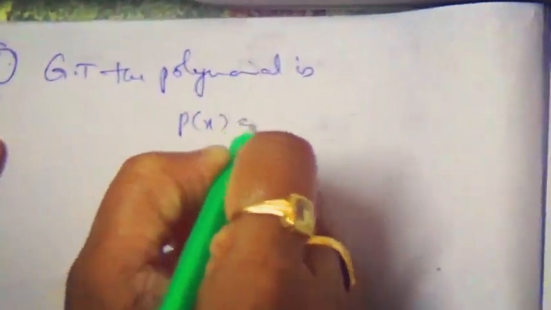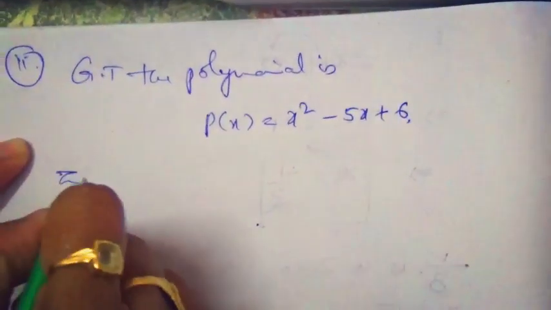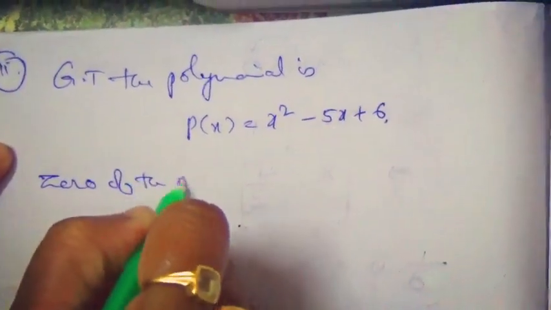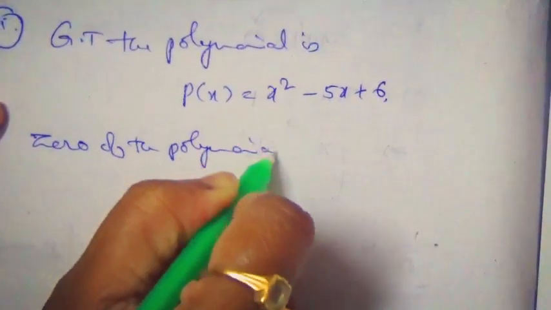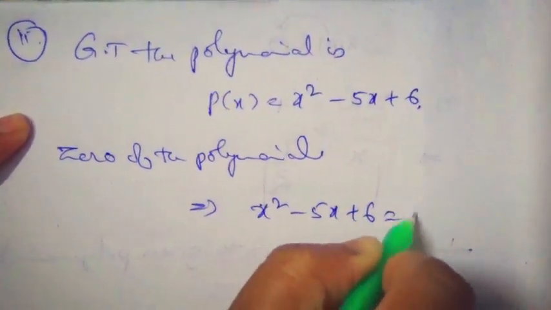In the second sum, given that the polynomial is p of x is equal to x square minus 5x plus 6. The 0 of the polynomial, that implies x square minus 5x plus 6 is equal to 0.